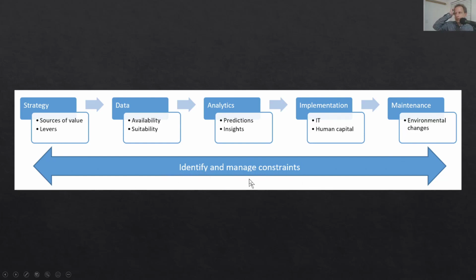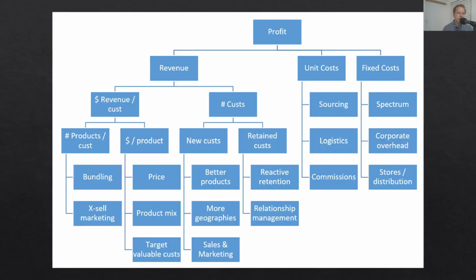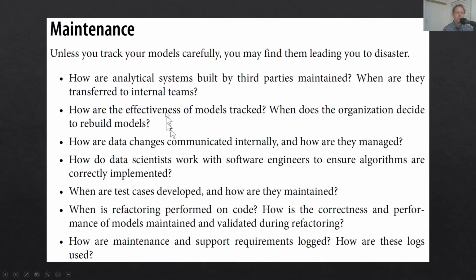So in the book there is a whole appendix which goes through every one of these 6 things with a list of examples, and lots of questions that organizations can use to think about all the different pieces of the puzzle of getting stuff into production and into an effective product.